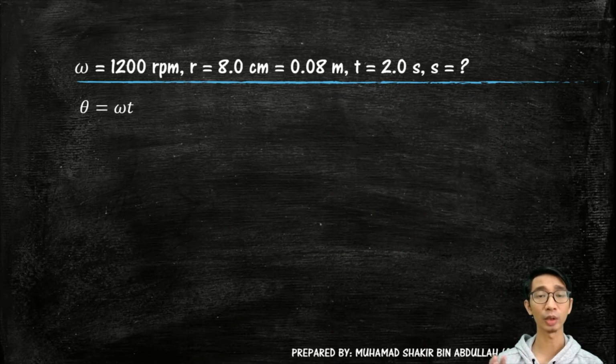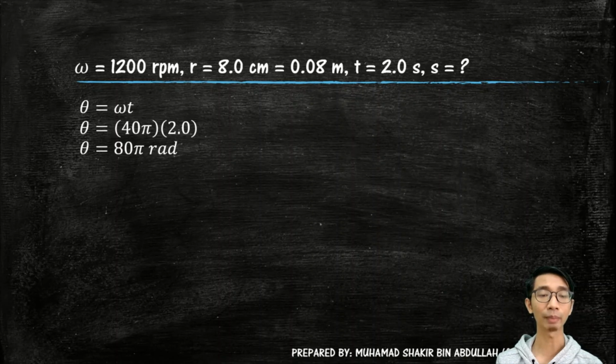First we need to find our angular displacement because we don't have any value for it. So our formula is theta equals omega t. Omega was already calculated in the first part, and t is 2.0 seconds. So 40 pi times 2.0 gives 80 pi radians. We now have our angular displacement.